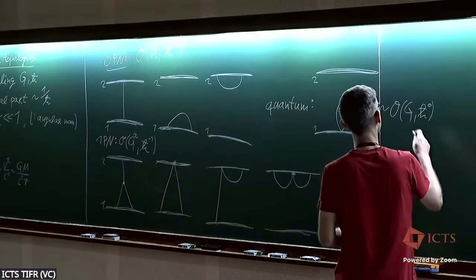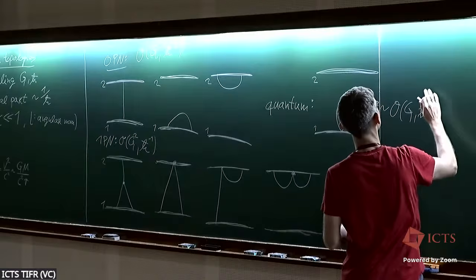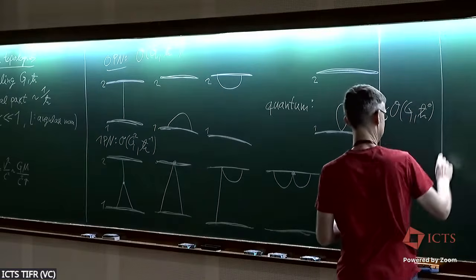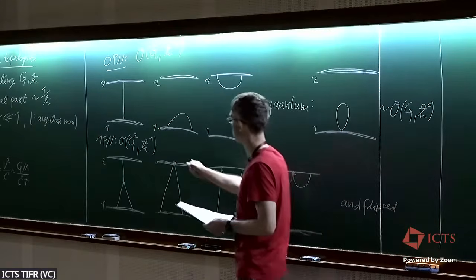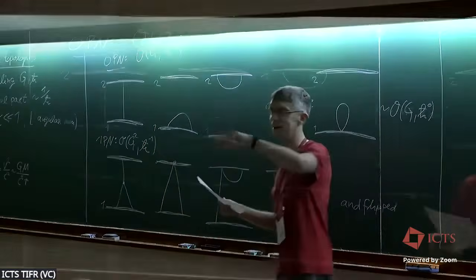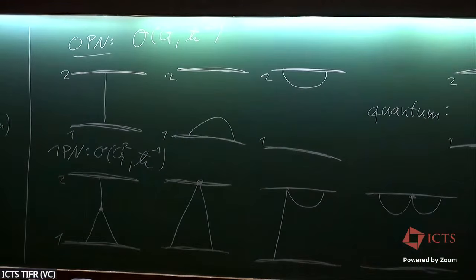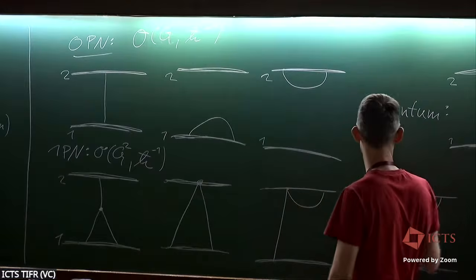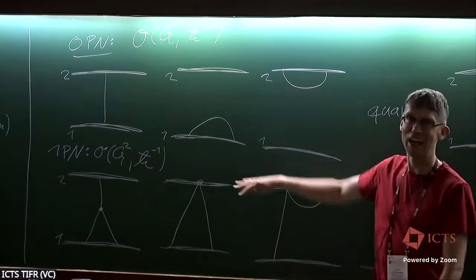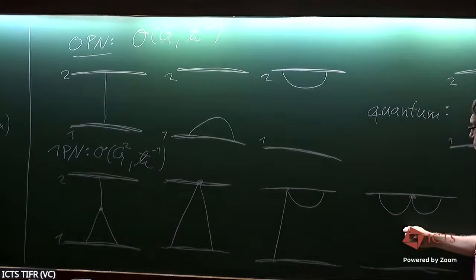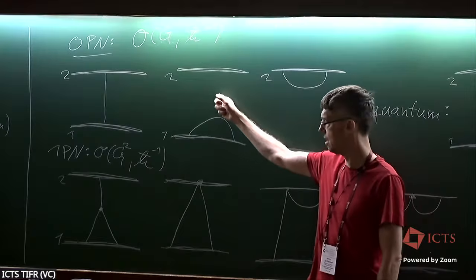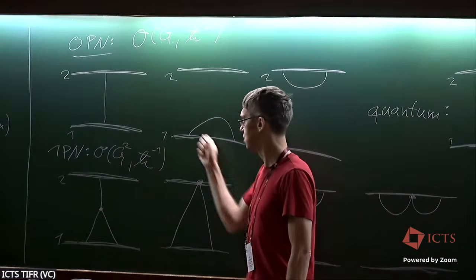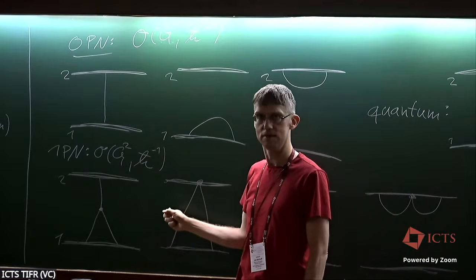Now, for completeness, let me also mention the quantum diagrams at order g squared. So at 1PM we would have all those diagrams, although as we'll see, we can quite quickly drop this one and this one and this one and this one. So more or less, it's those 3 topologies which remain at 1PM.